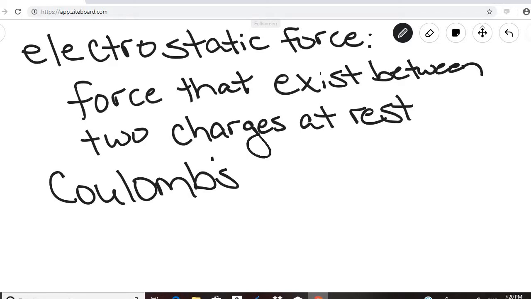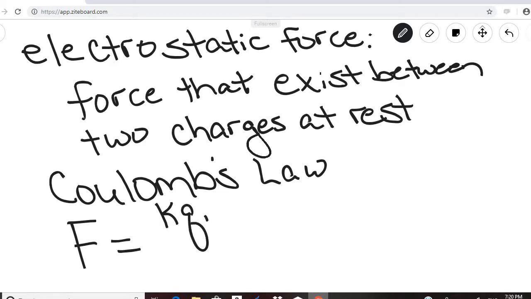Coulomb was able to come up with a simple mathematical equation to express the force that exists between charges at rest. Coulomb's law is K times Q1 times Q2 divided by R squared.